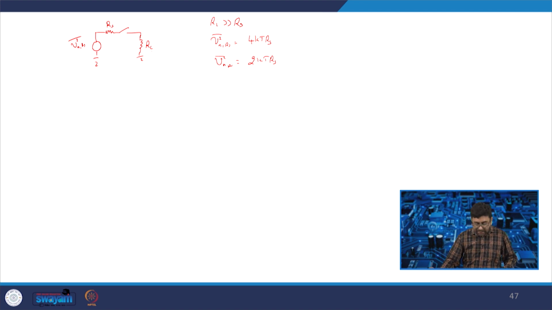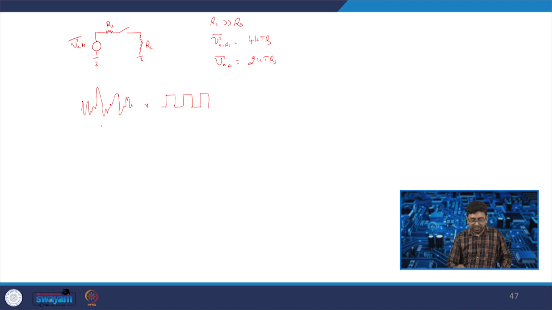In the time domain, there is a random noise voltage, and then there is a square wave that is multiplied.